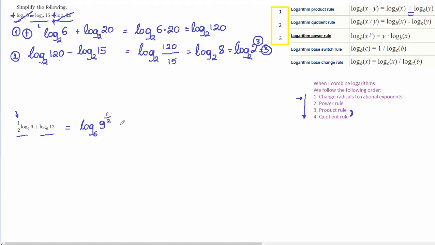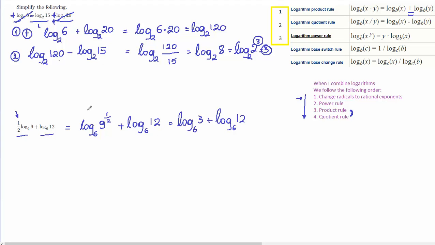Now, 9 to the 1/2 is nothing else than the square root of 9, which is the number 3. So what I have is the log with base 6 of 3 plus the log with base 6 of 12.